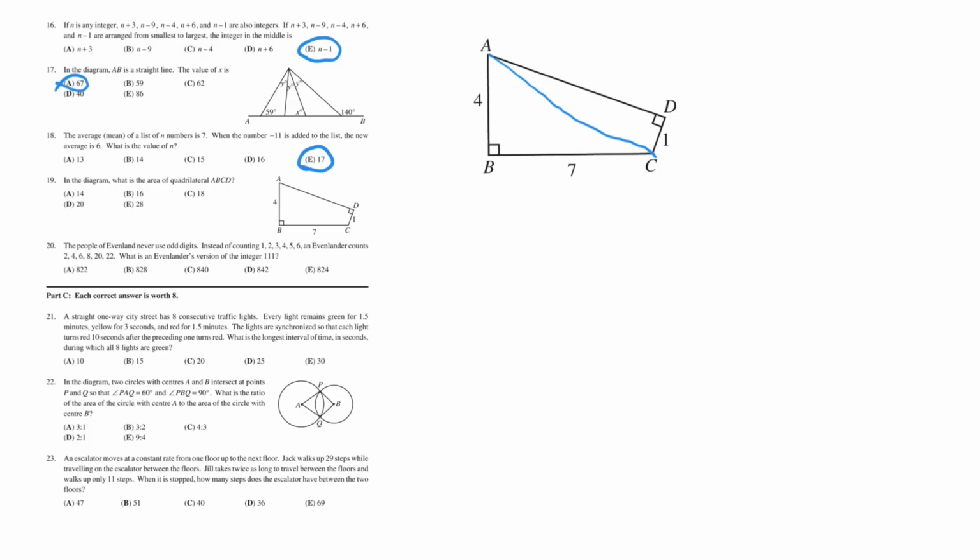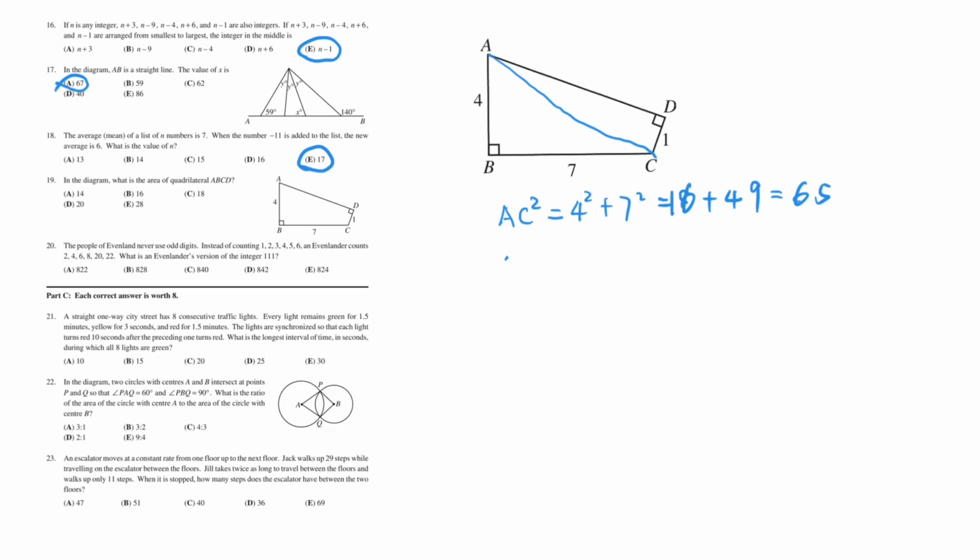First we figure out AC squared. AC squared equals 4 squared plus 7 squared, that's 16 plus 49, that's 65. That's AC squared.